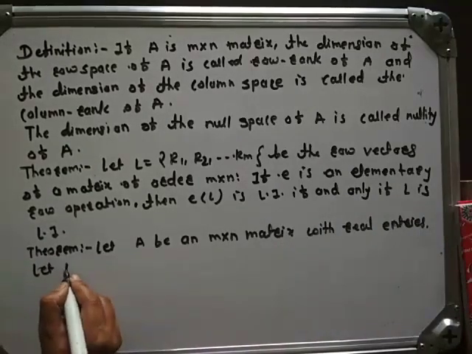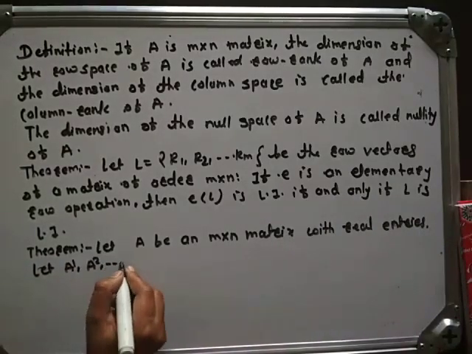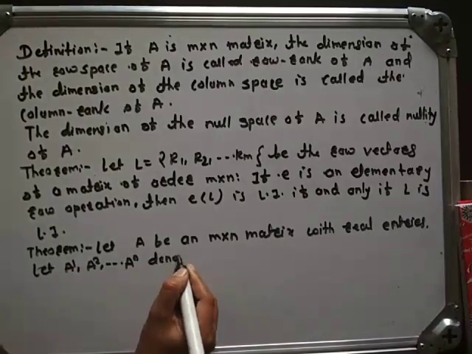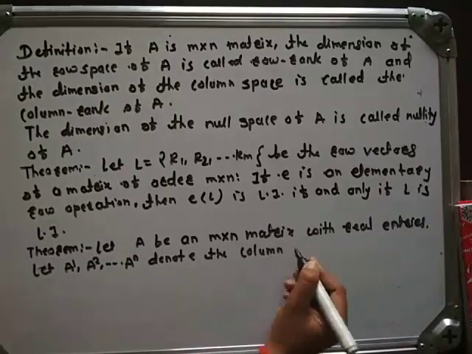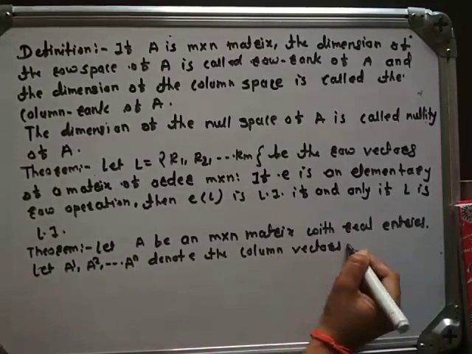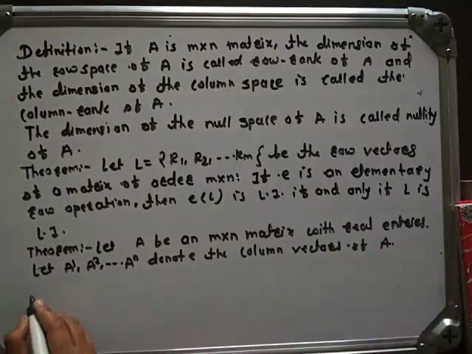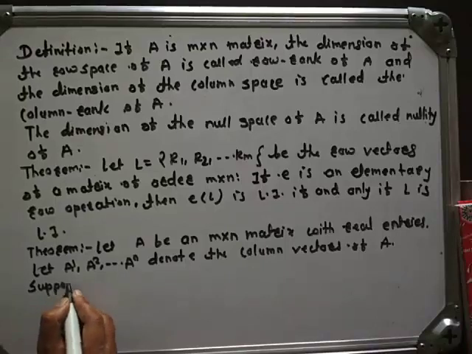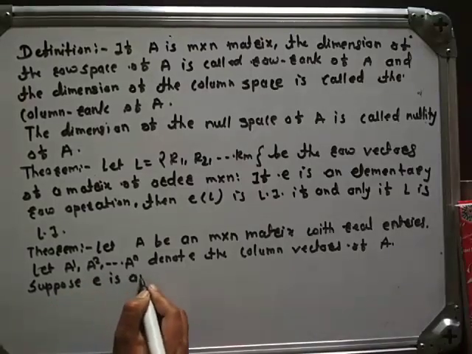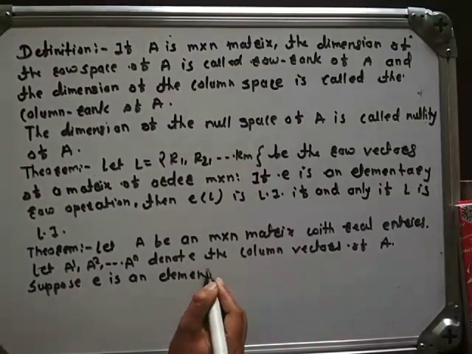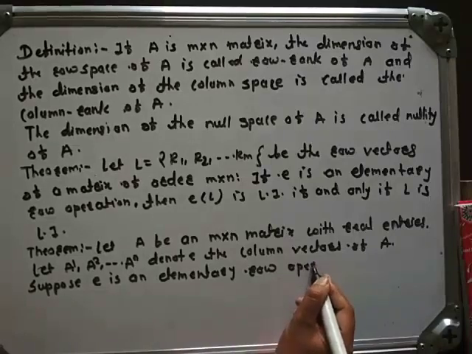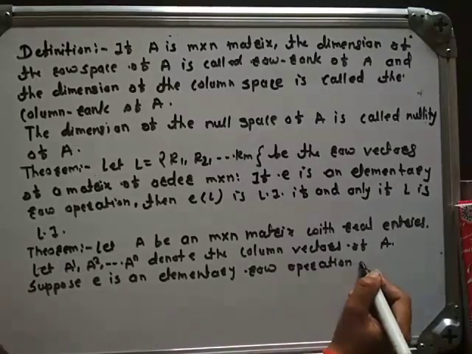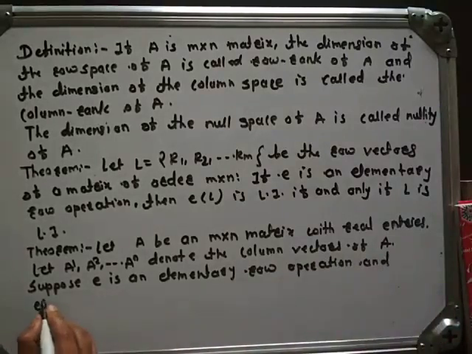Let A1, A2 and so on up to An denote the column vectors of A. Suppose E is an elementary row operation and E of A is equal to B.